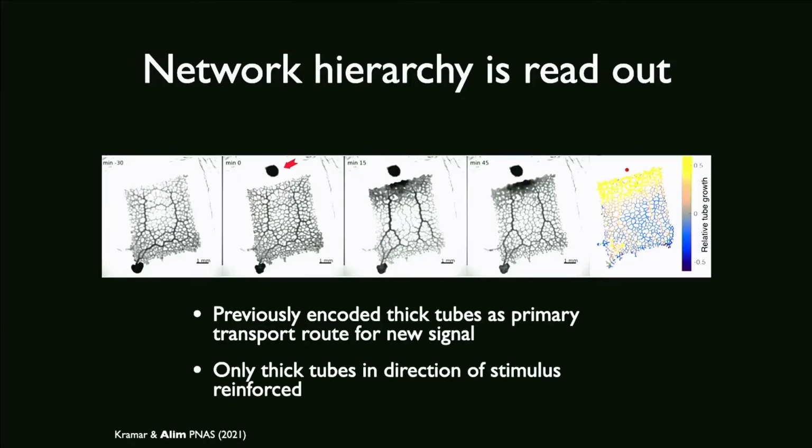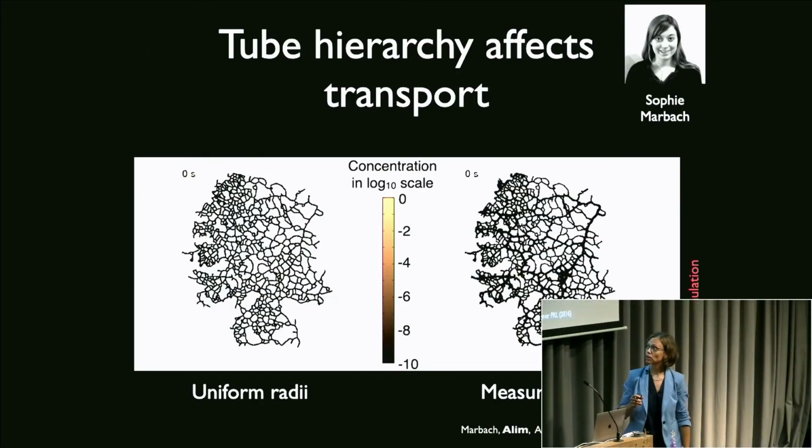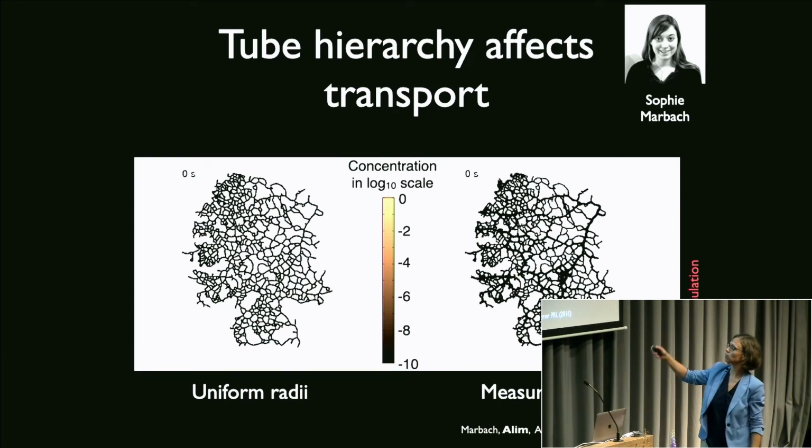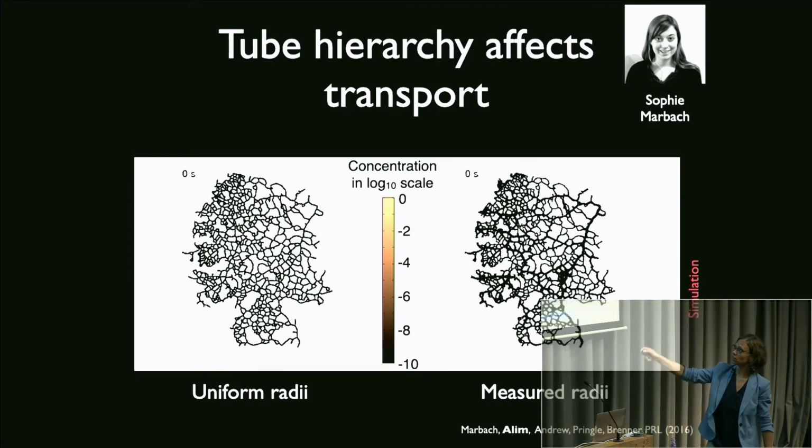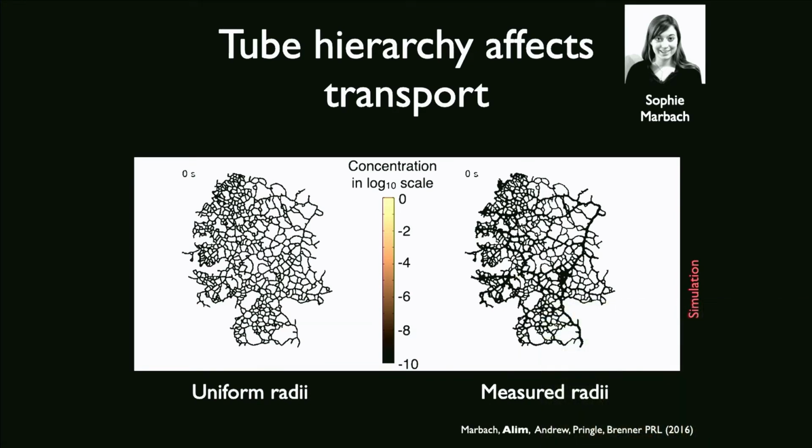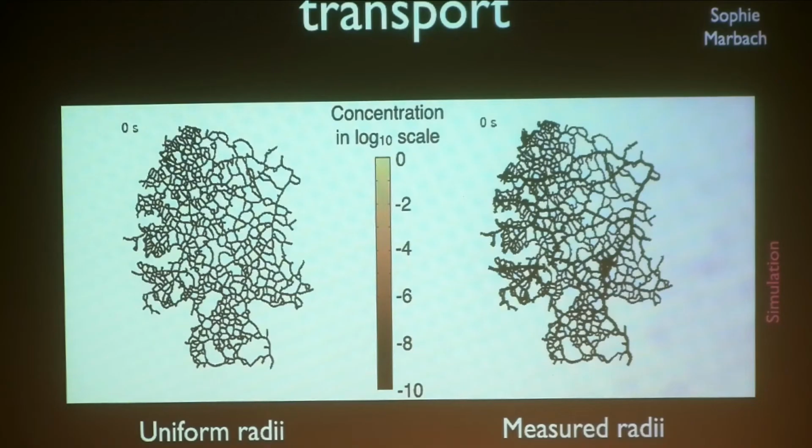And just to highlight, actually going back in time to a previous project, the hierarchy does impact transport. So let me, just to drive this home, show you the following simulation by Sophie. This is an actual network morphology of Physarum, and what we do is like these two simulations, they have the same mass, and we're going to look at the transport of particles, but here we made all tubes to have the same radius, and here we have the actual radii that they have.